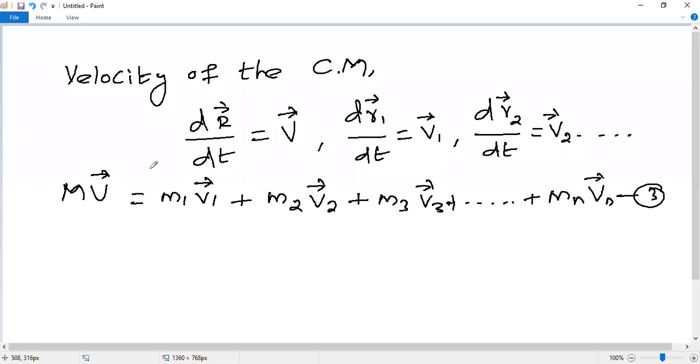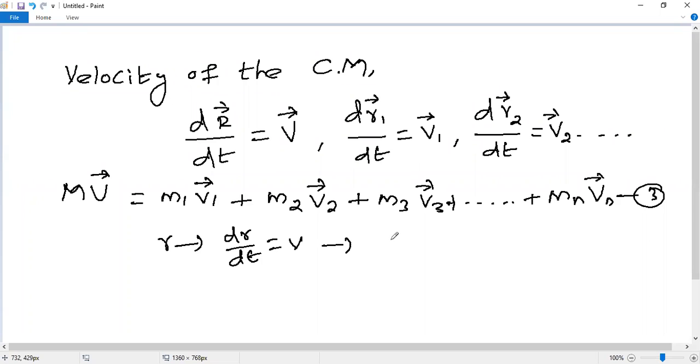Based on this equation, we can calculate the velocity of the center of mass. For differentiation, you know very well: one time differentiation means velocity, two times differentiation means acceleration. I do one time differentiation of the position vector, dr by dt, so it is the velocity.